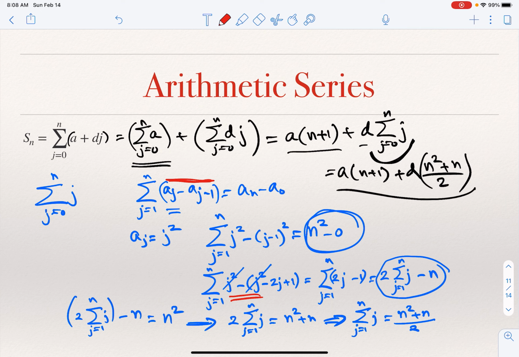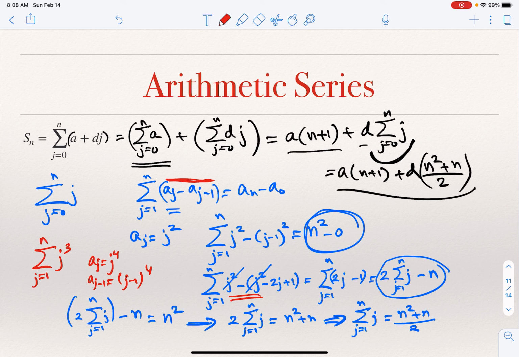So using this rationale, if someone, for example, asks you to sum j cubed from j equal 1 to n, you would want to use aj to be something like j to the 4th, because aj minus 1 will be j minus 1 to the 4th. And when you subtract these terms, j to the 4th is going to go away.